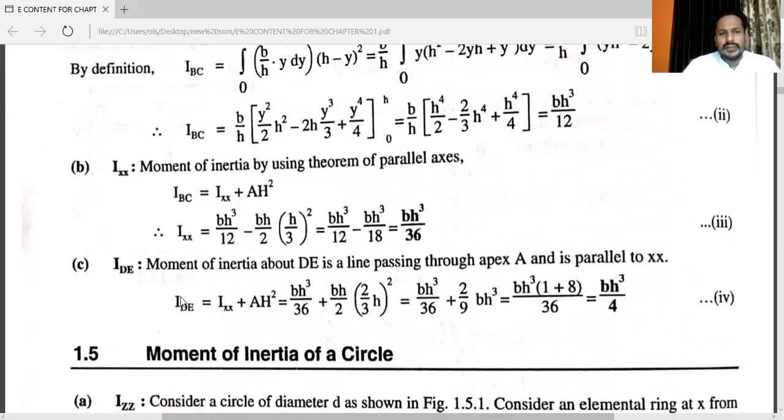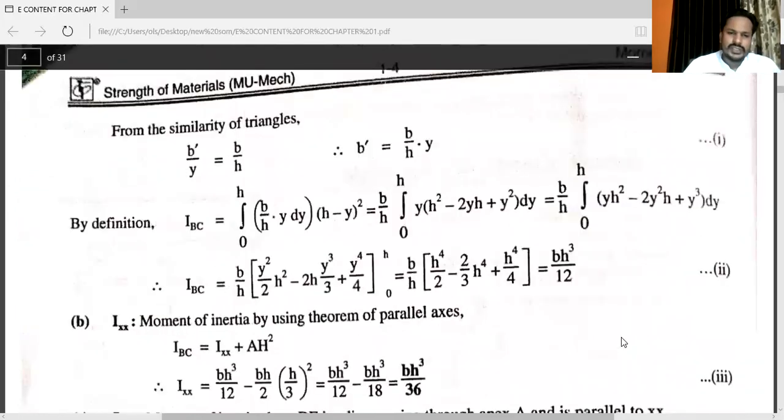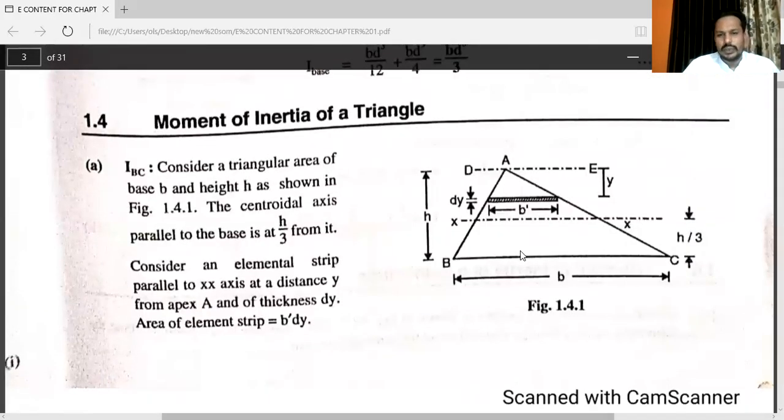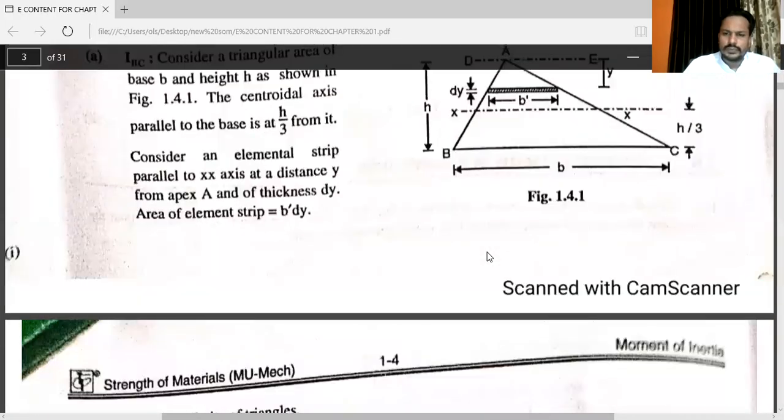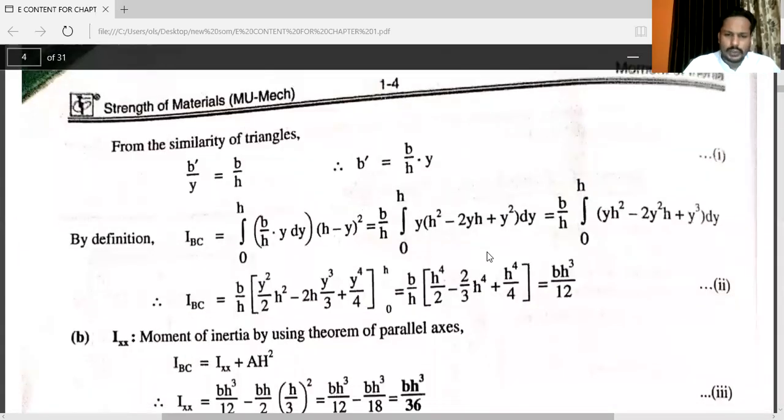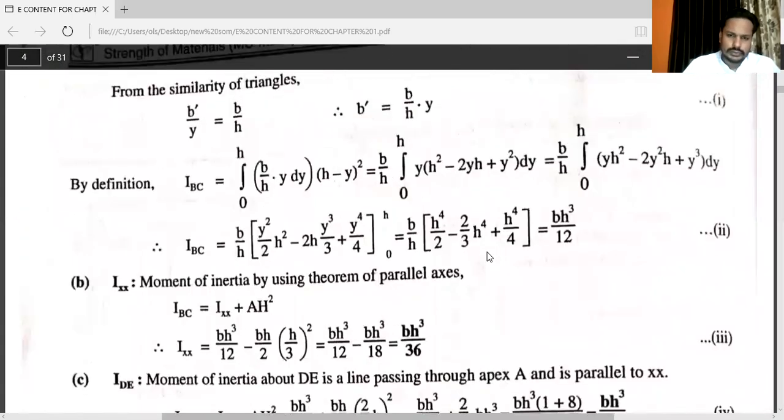Moment of inertia about DE is BH cube by 4. The different conditions are given; you can see them in the notes also. Already I have provided the notes for the triangle, so there is no need to explain each and everything.